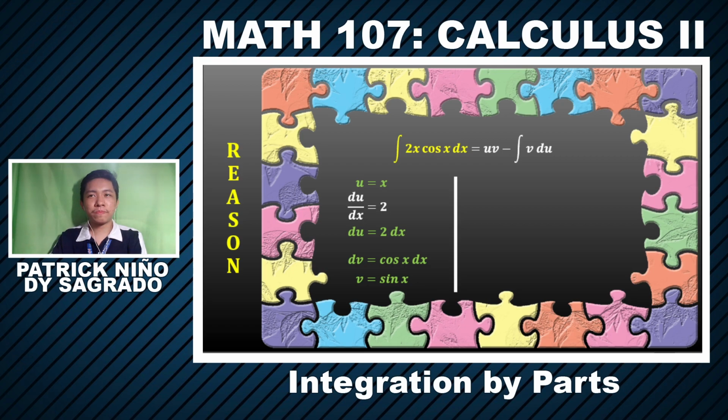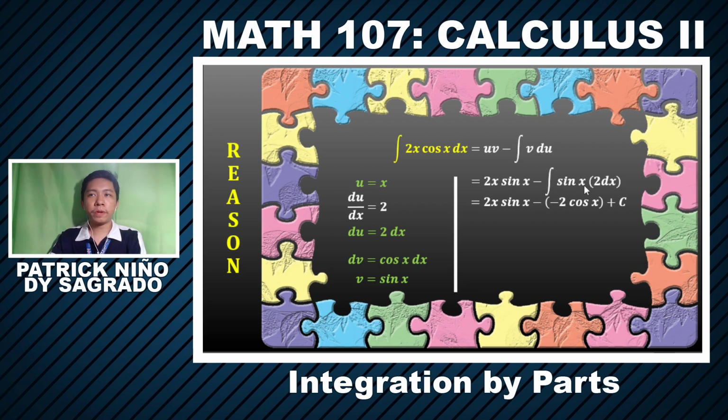Everyone, can you try to solve this? Okay, so please check your answer. Now we have to plug in our values. And now, through the basic integration rule, we have negative 2 cosine x, which in this case we took out 2 since it's a constant.